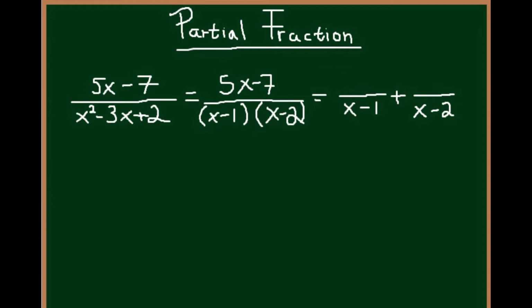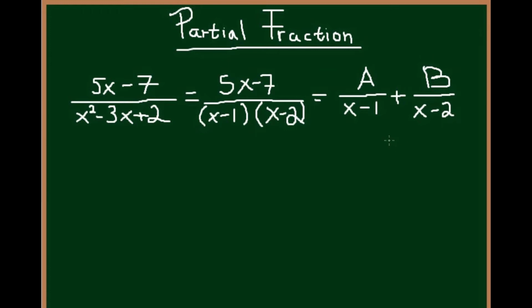Next, write a polynomial expression on the numerator with one less degree than the denominator. This one is linear, so you write a constant on the numerator. This one is also linear, so you write a constant on the numerator.